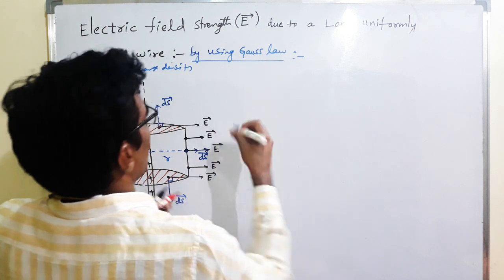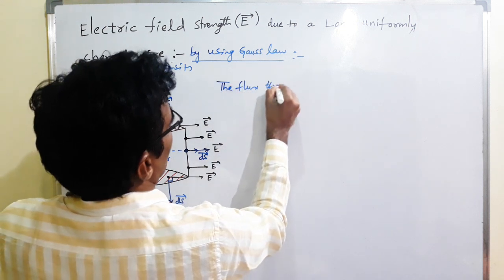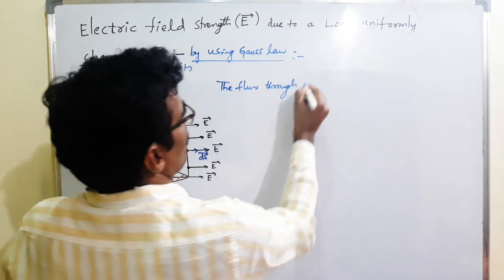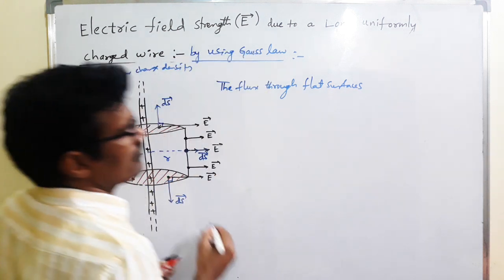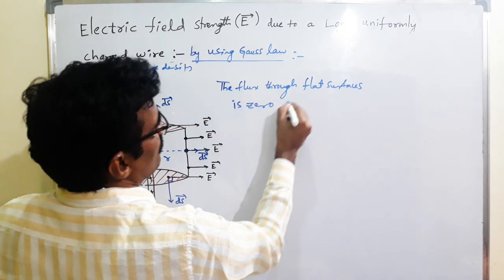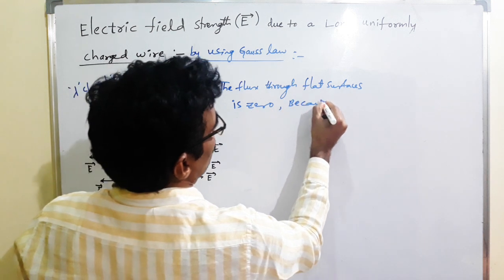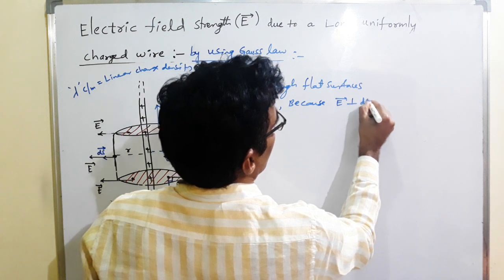So the flux through flat surfaces is 0 because E bar and ds bar are perpendicular to each other.